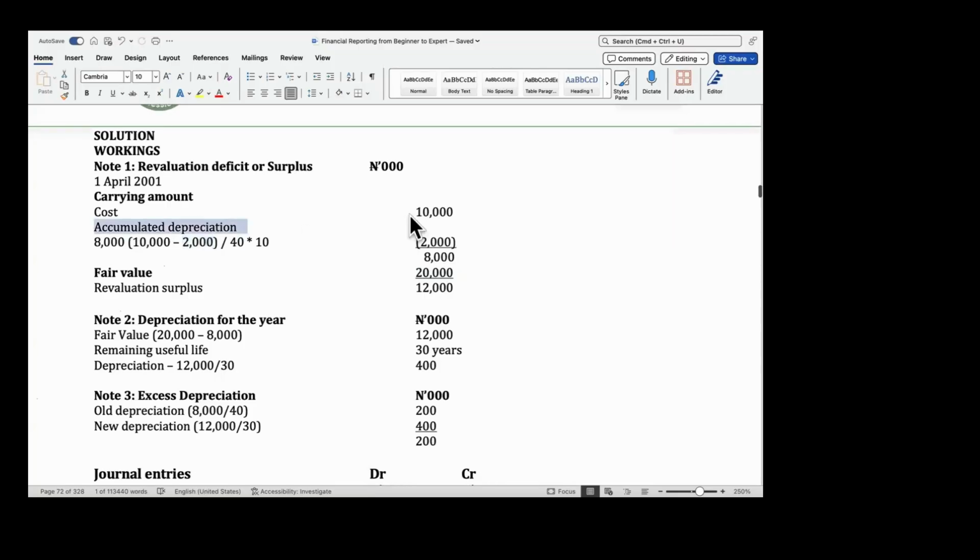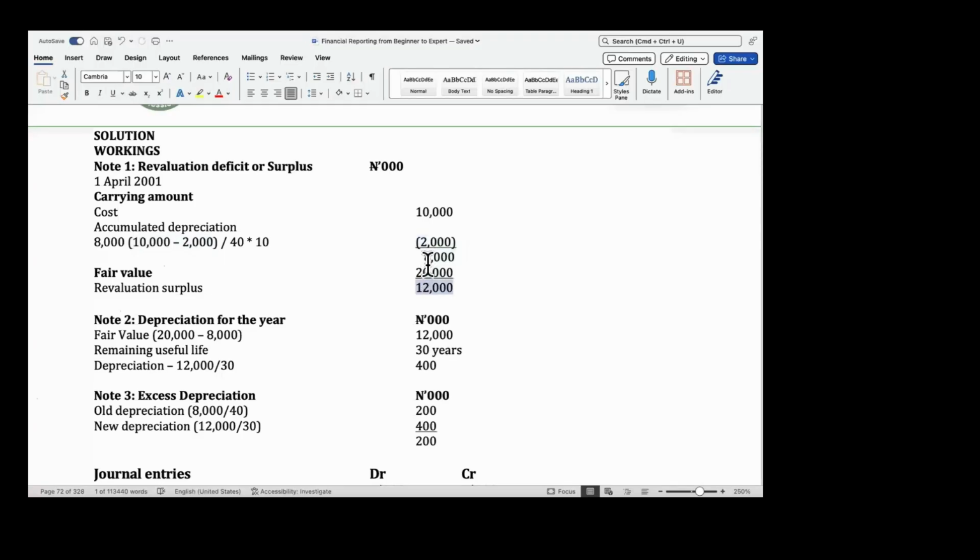This 10 million is the cost of the land and building. We don't depreciate land out of this cost, so this is the depreciation of the building. This 8 million is the carrying amount of the land and building. Then I compare it with the fair value of the land and building. That gives me a surplus of 12 million.